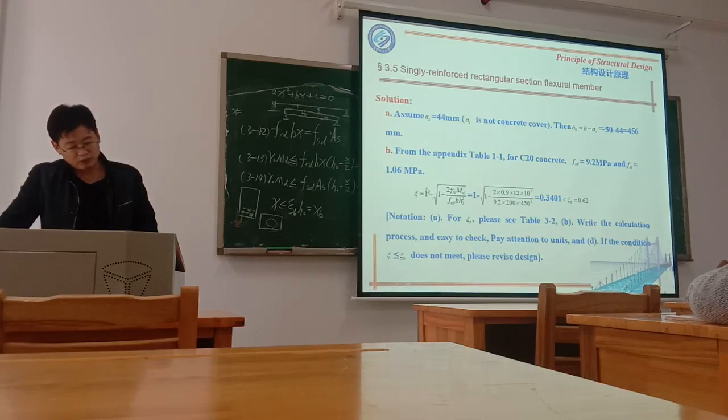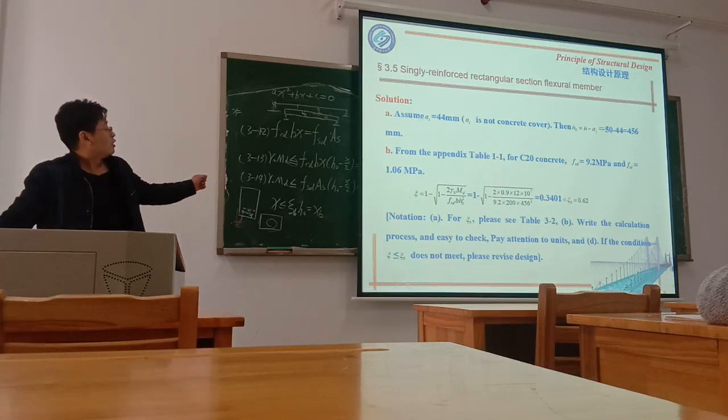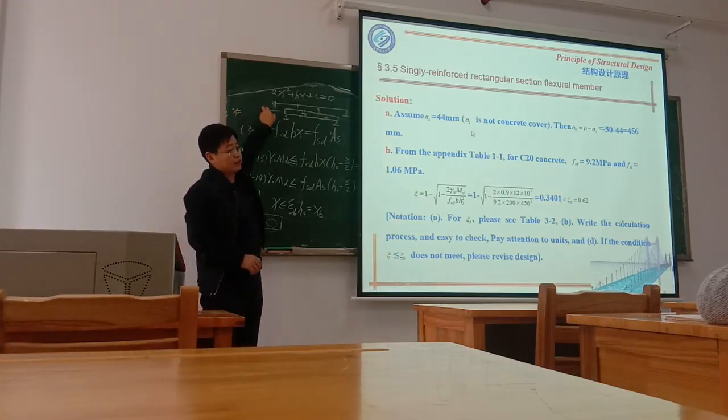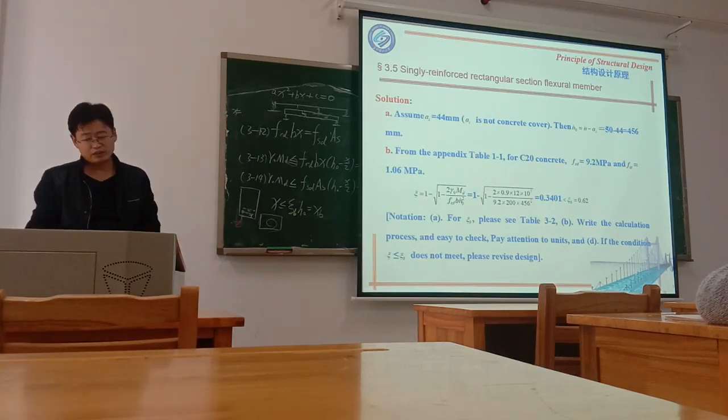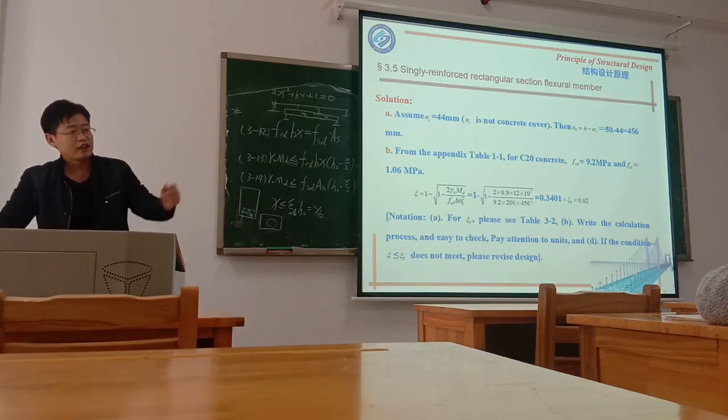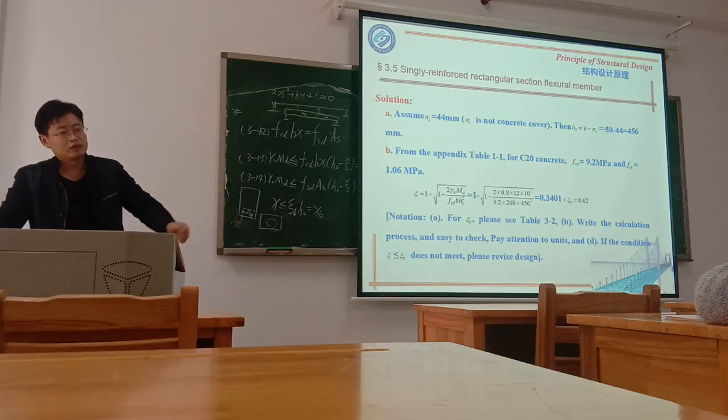Kc equal to 1 minus the distance. Actually here we use the formula. You can get x or calculate C, because x divided by h0 equal to C.